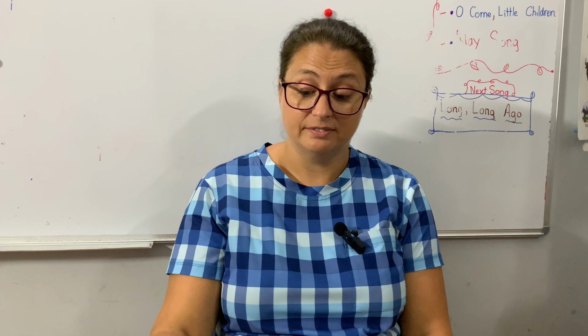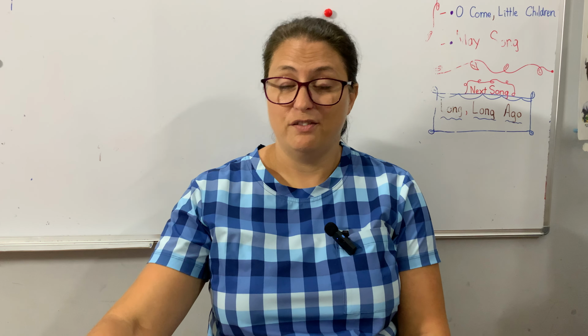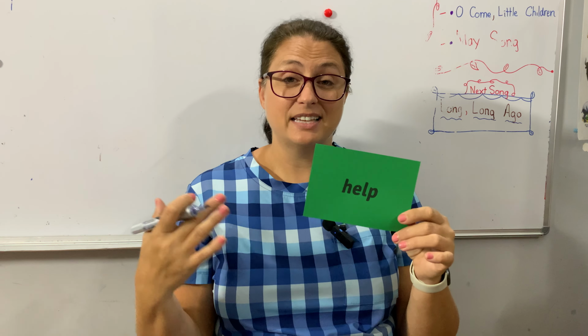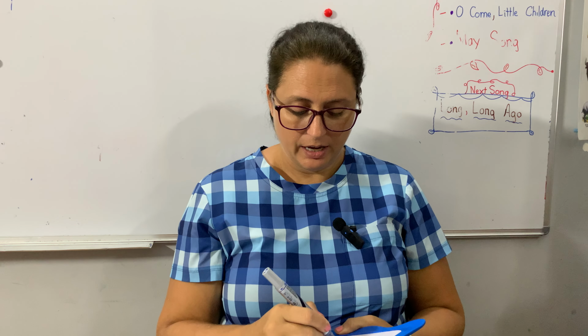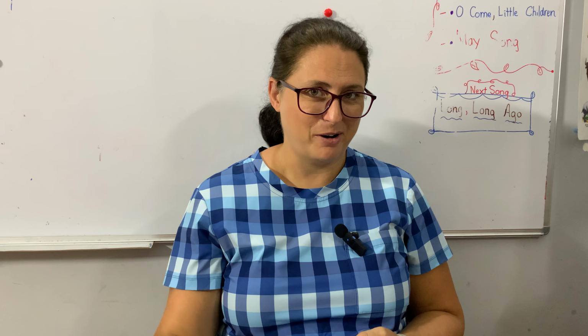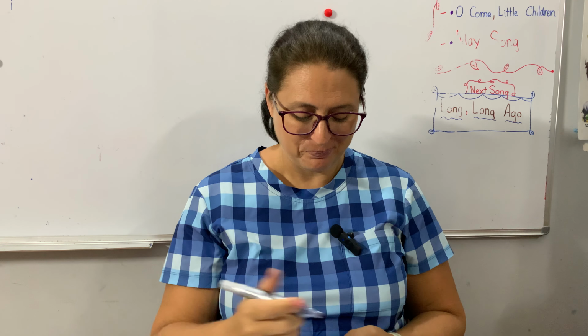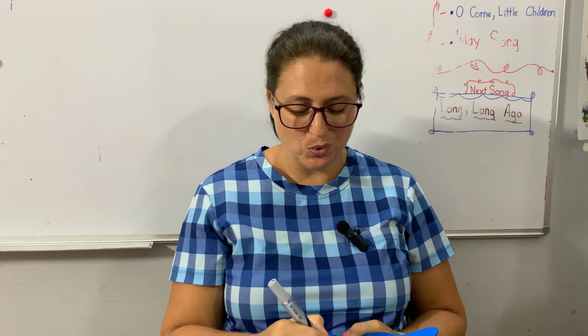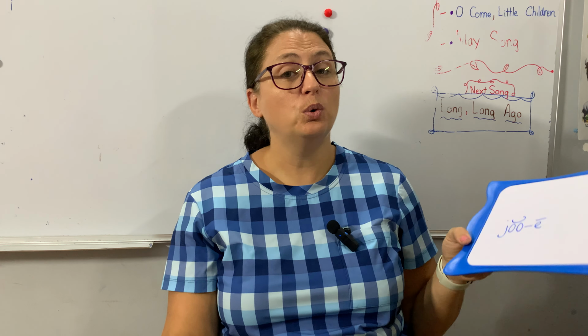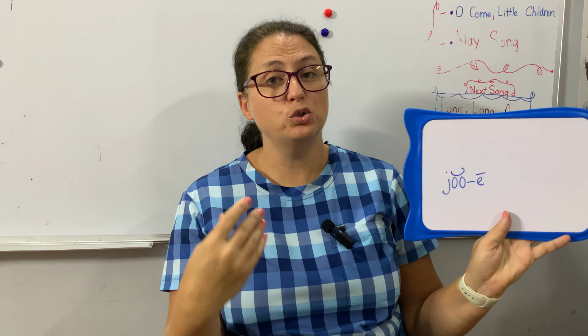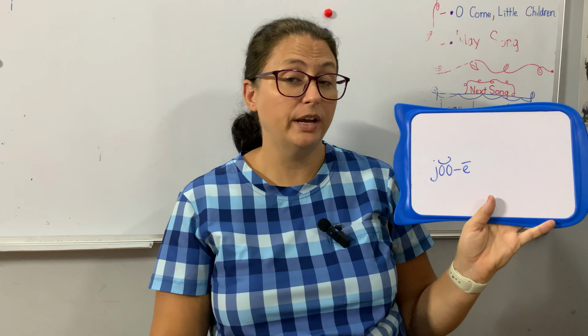Okay, help. The word help, very important. If you need help, we would say please help, som. And then we would say the word for help is, and here I am writing it in Khmer. I think I'll change to English for you. Okay, chu, as in tooth, chui, chui, som chui, okay, chui, help.